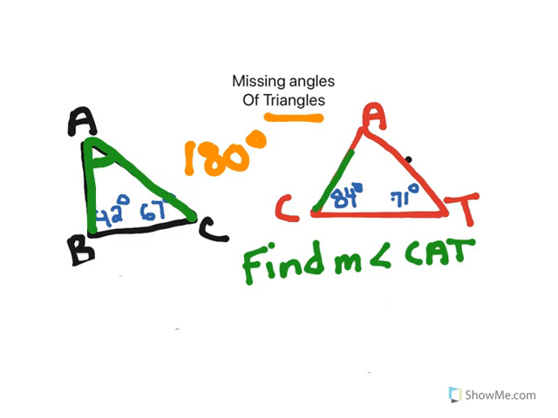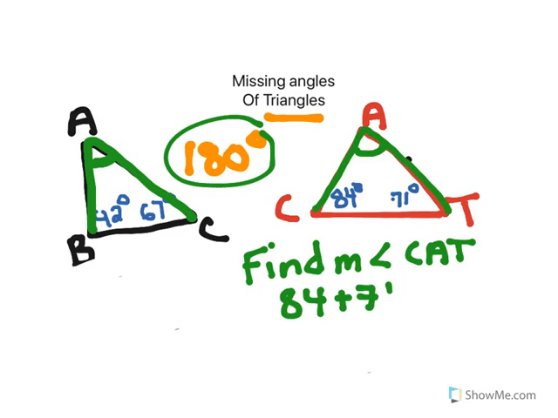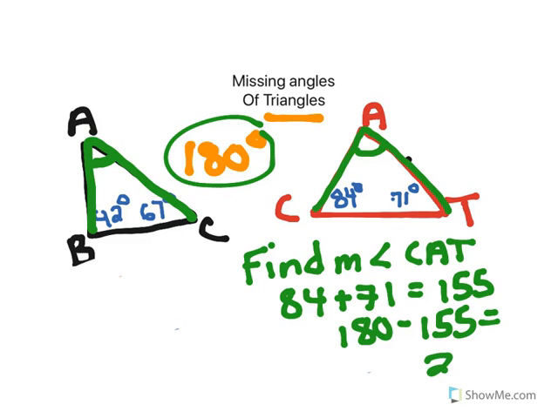If I trace that, CAT, that's this angle right here that we are looking for. And again, I know that they have to add up to 180 degrees. So sort of a shortcut way, I'm going to just take 84 and 71. I'm going to add them together and get 155. And if I do 180 minus 155, I see that this is going to be 25 degrees. So angle CAT is going to be 25 degrees.